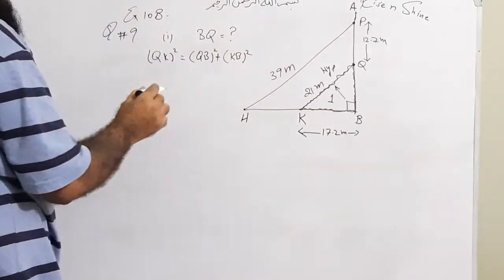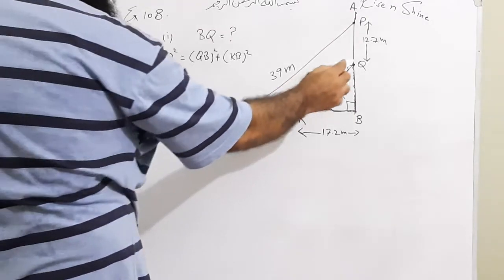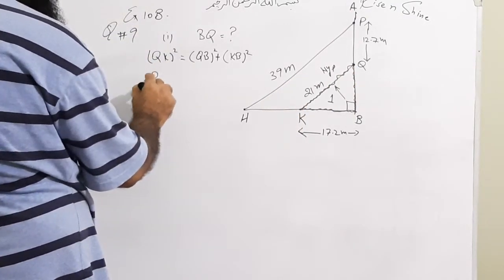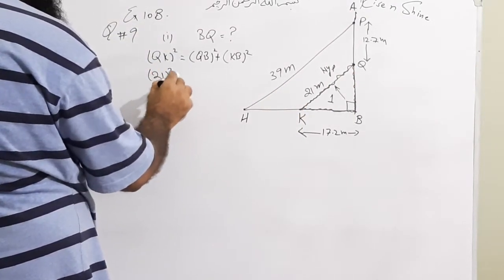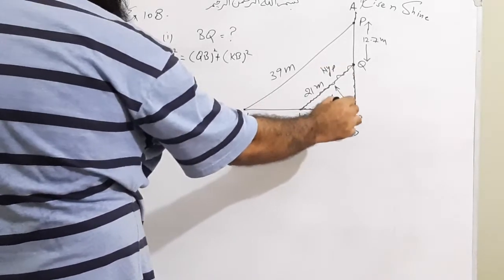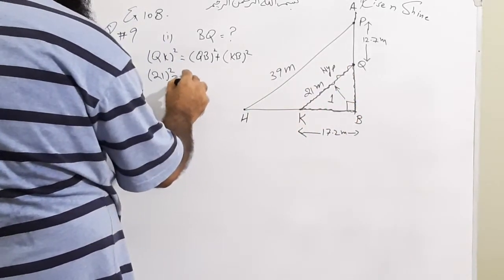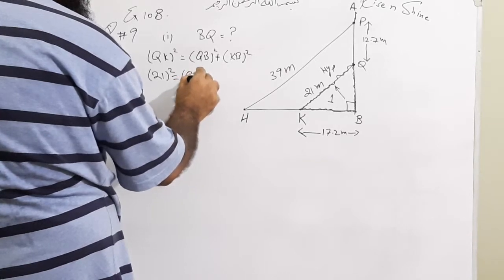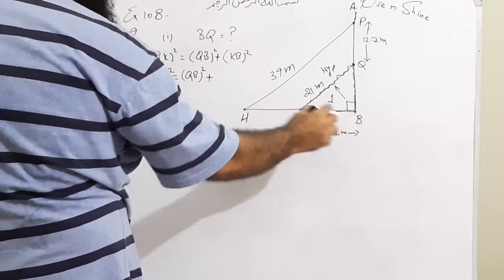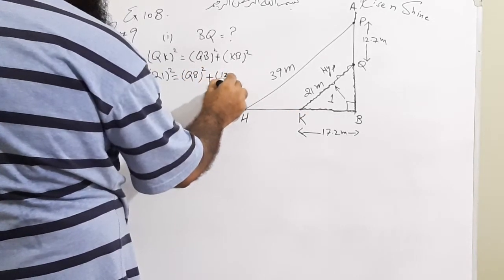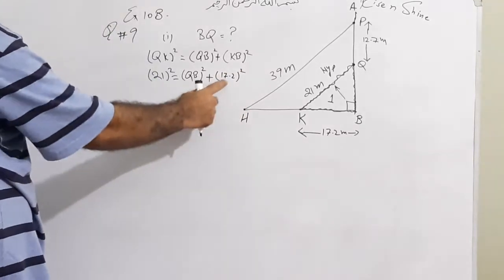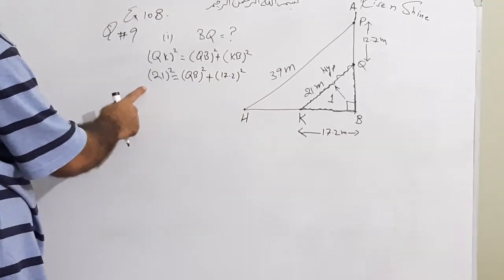We'll put the values. QK is 21, is equal to QB, this is to be found out, plus KB 17.2 square. So it is being added here, so we'll take it to the other side of the equation. It will be subtracted.